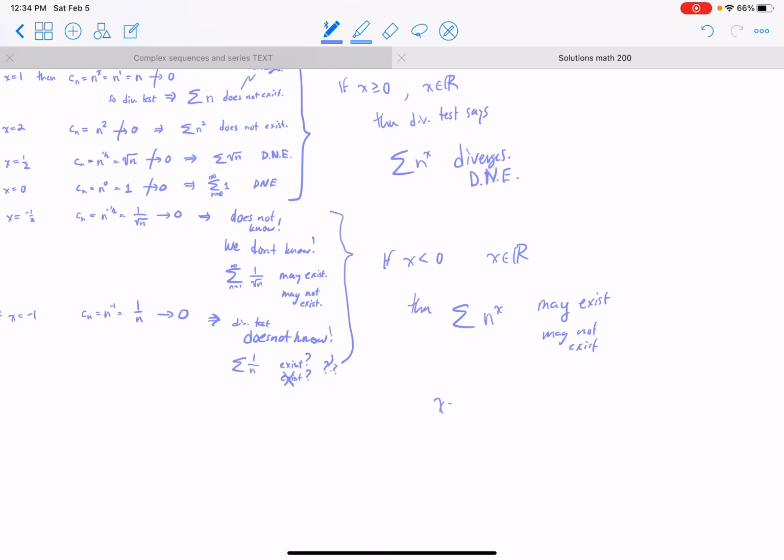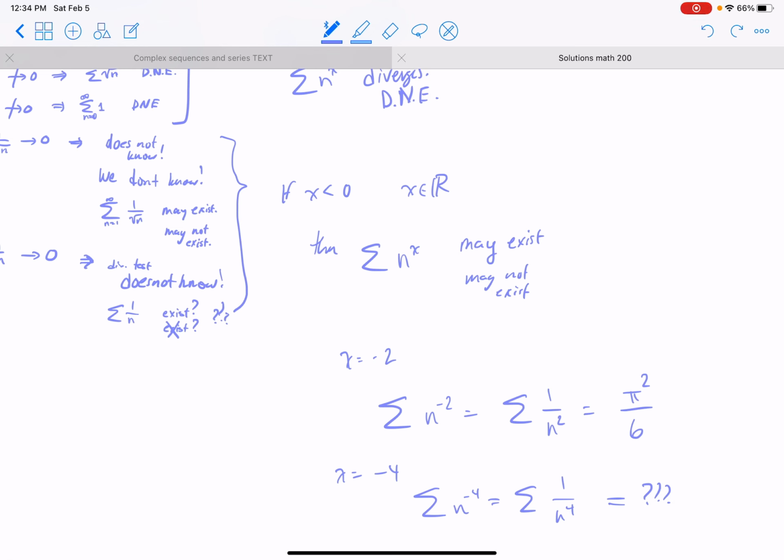When x equals -2, the sum of n to the -2 is the sum of 1 over n squared, which is actually pi squared over 6, that amazing formula. When x equals -4, the sum of n to the -4 equals some value. I think somebody might have figured out what this is, but maybe not. Some of these are not known in value, but actually it'll converge.